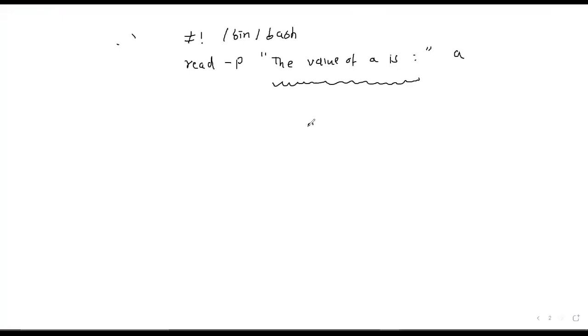In order to read a variable, we always write $ and then a. If name is the variable, then we write $name. So a may be anything, and whatever value of a is entered here will be printed using this symbol $a.